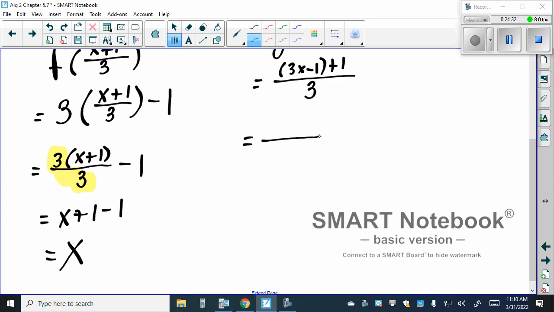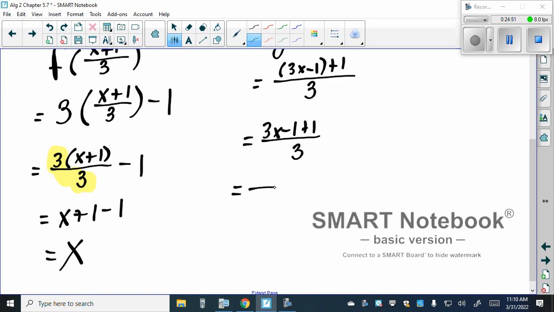Well, do I need those parentheses in the numerator around 3x minus 1? Not really, because there's nothing being multiplied. I don't have to distribute any negatives. We can just drop them, which would give us 3x minus 1 plus 1 over 3.